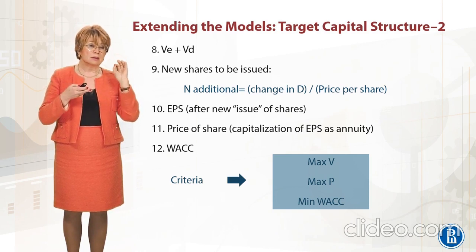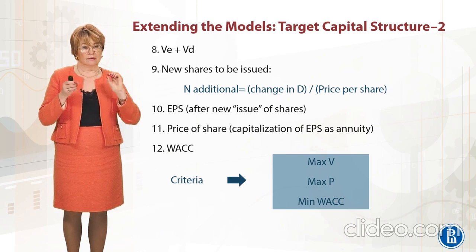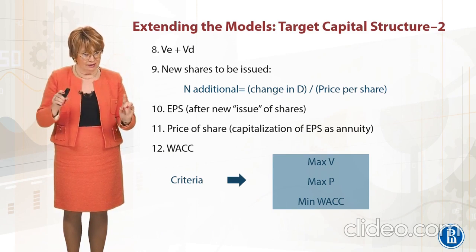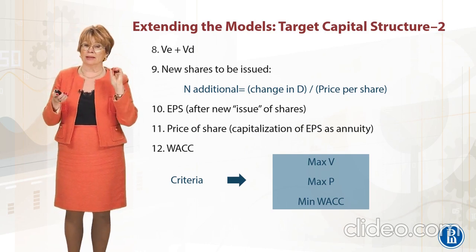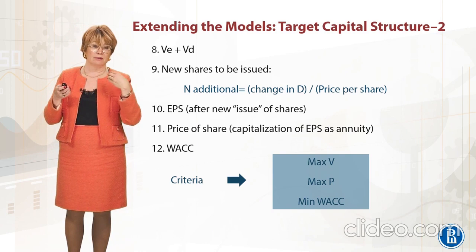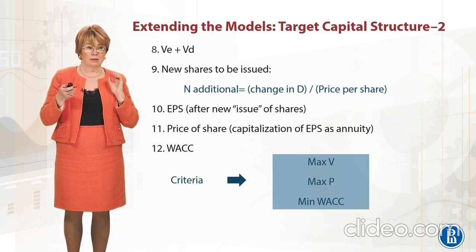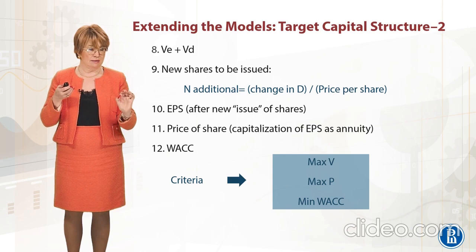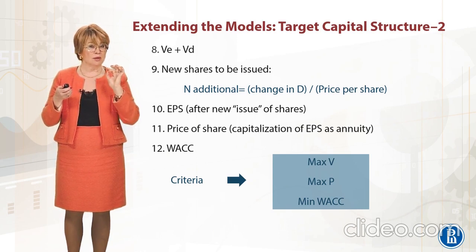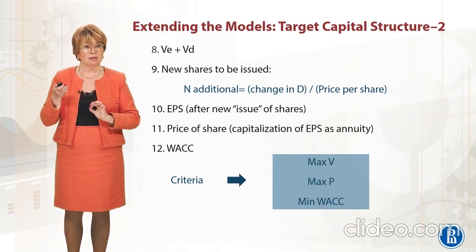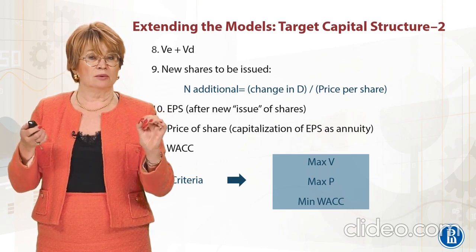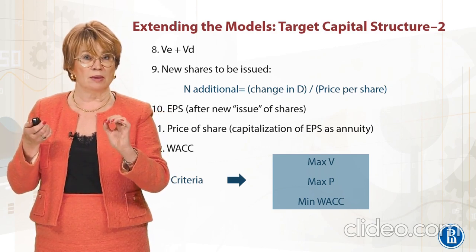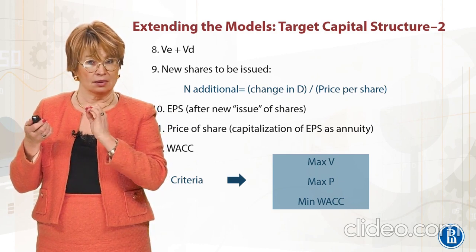So we now can find the optimal or target level of capital structure for that particular company, applying not only one criterion as in the previous step, the minimum weighted average cost of capital, but 3 criteria simultaneously: minimum weighted average cost of capital, maximum price per share, the result of step number 11, and maximum value of total capital of the company, the result of step number 8.